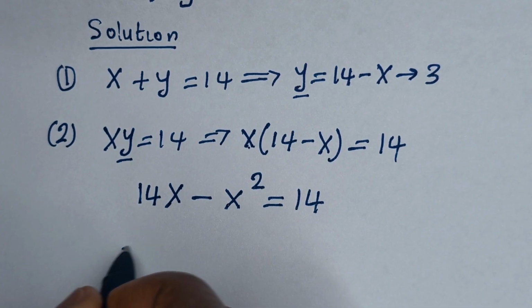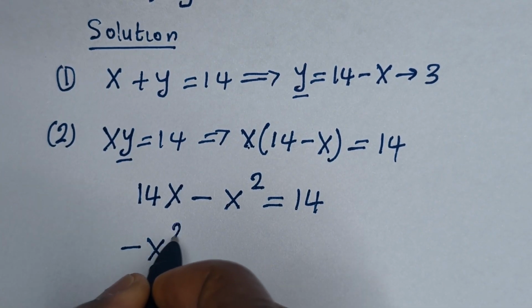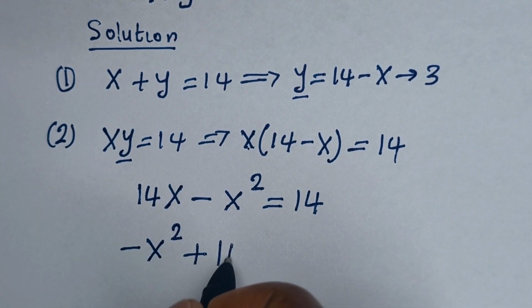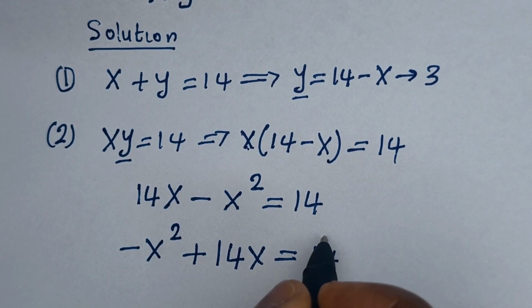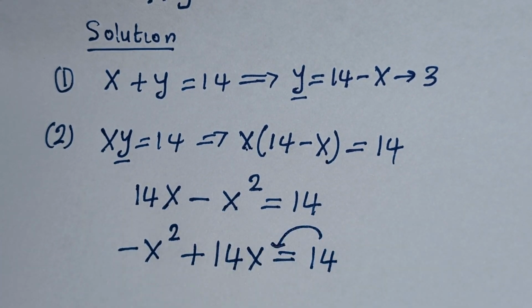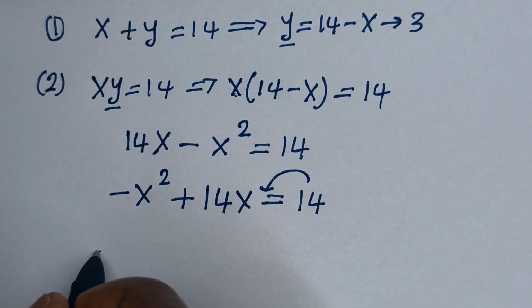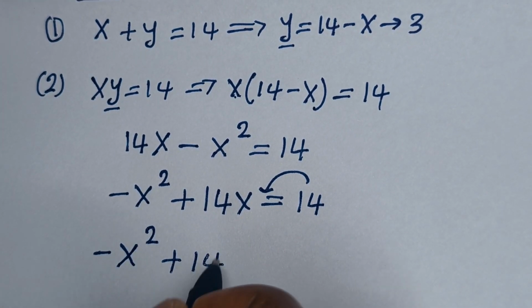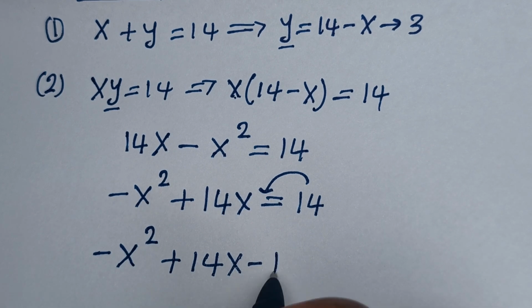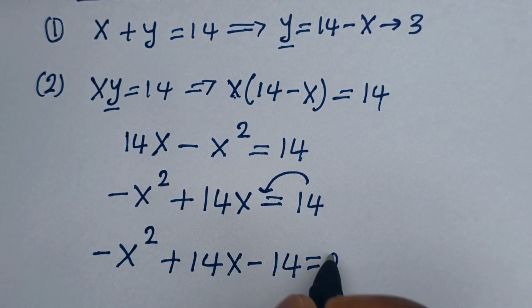This can be written as minus x squared plus 14x is equal to 14. Let us bring this to this side. Then here we have minus x squared plus 14x minus 14 is equal to 0.